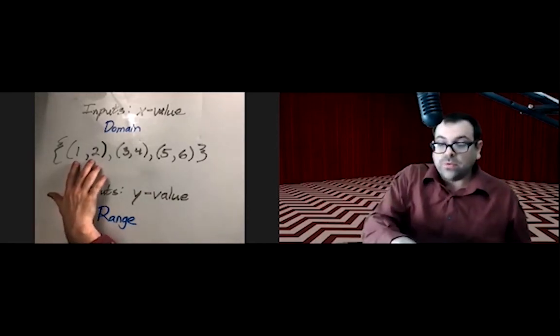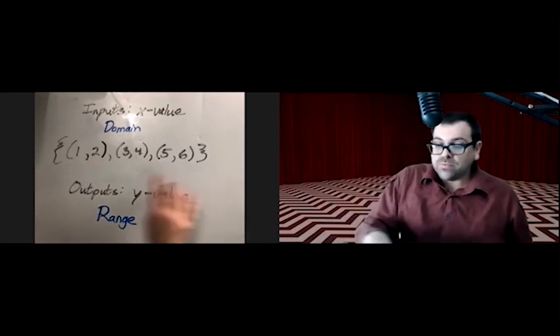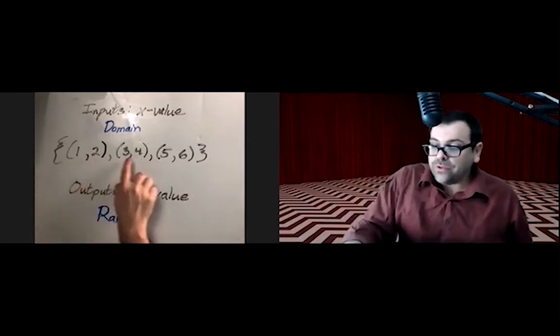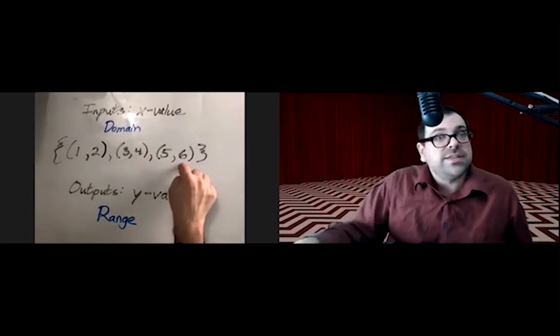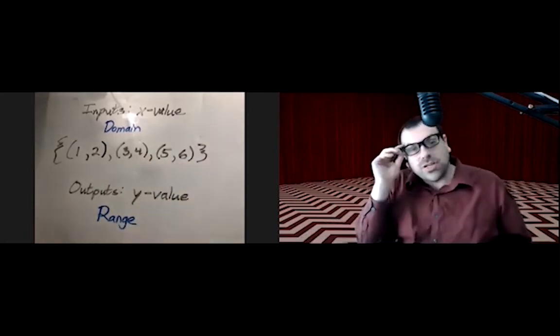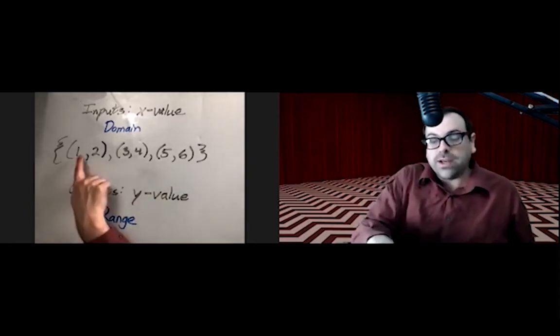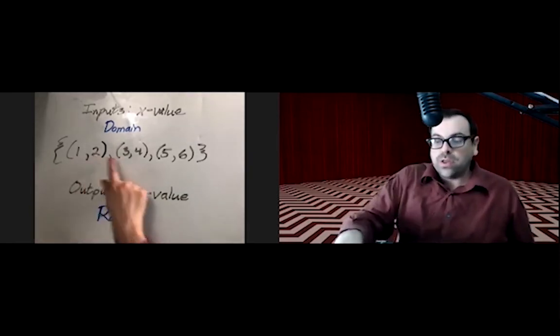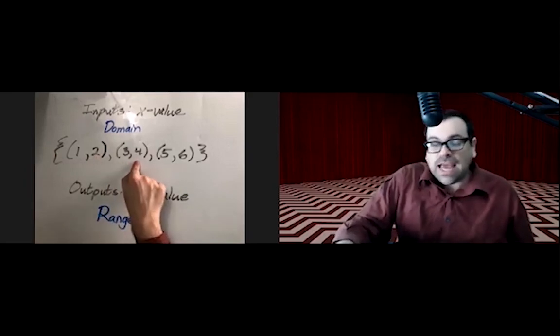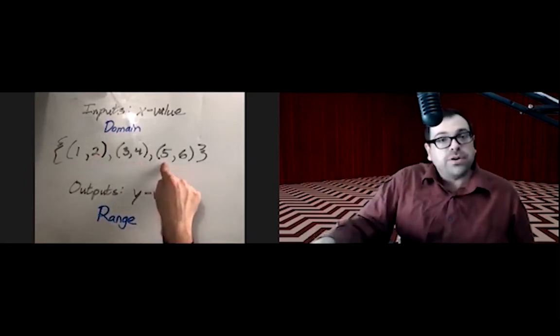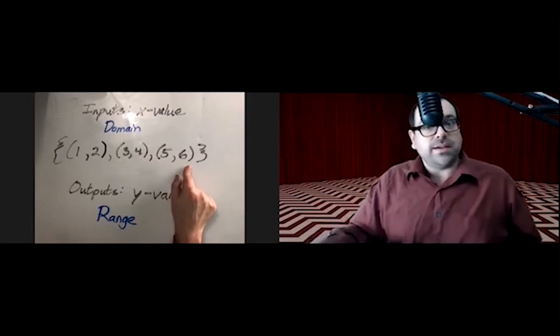So the relation here is relating 1 to 2, 3 to 4, and 5 to 6. It's a relation of inputs and outputs. The input 1 gives the output 2. The input 3 gives the output 4. The input 5 gives the output 6.